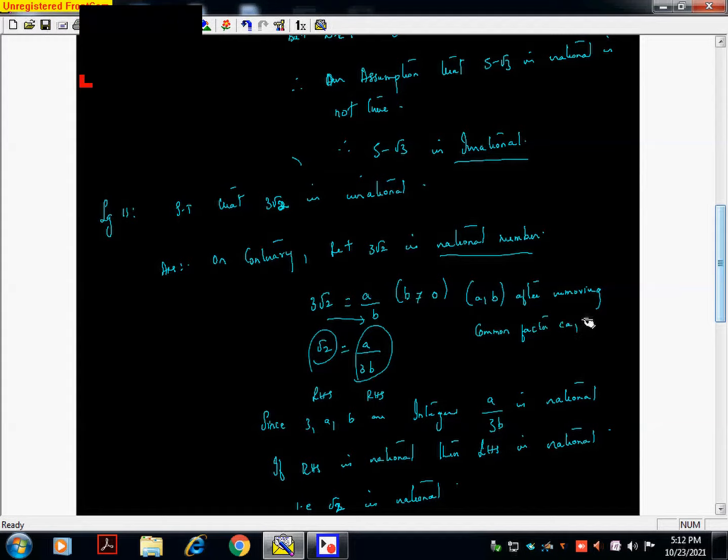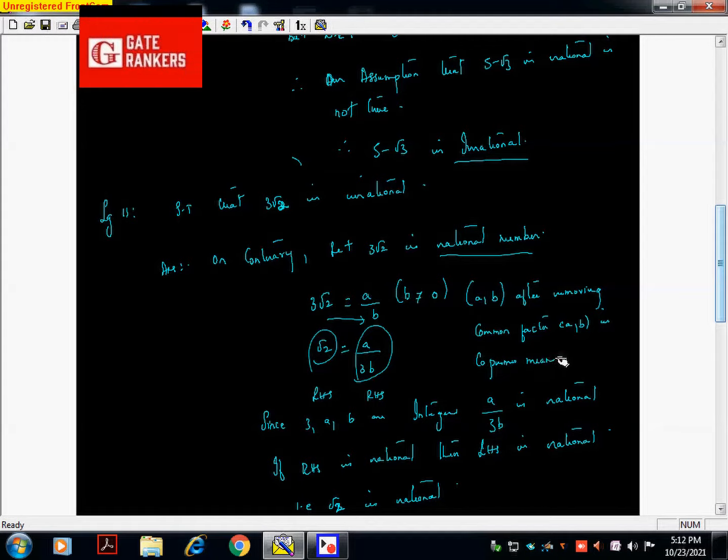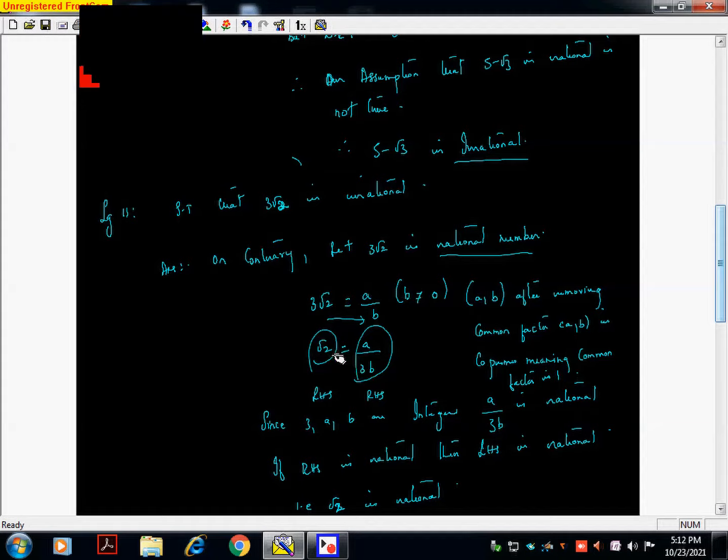A comma b are co-primes. This means the common factor is 1 here. So root 3 is equal to, just rearrange, bring this 3 down, it is a by 3b.